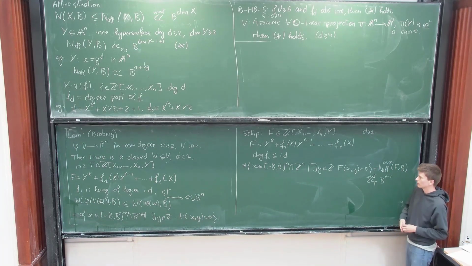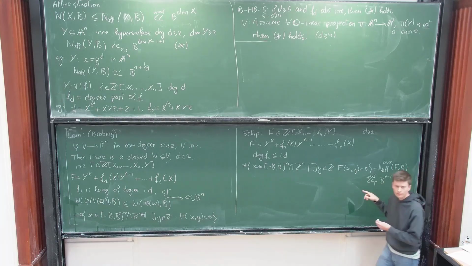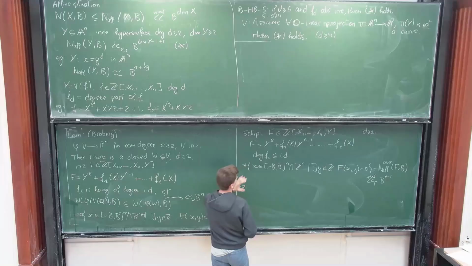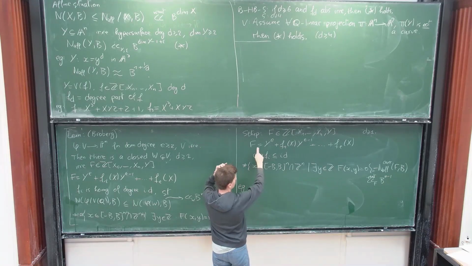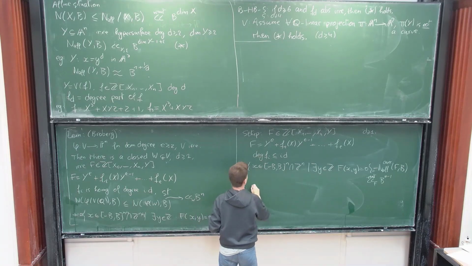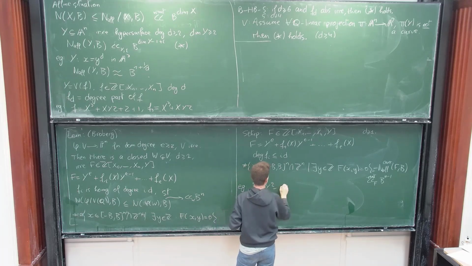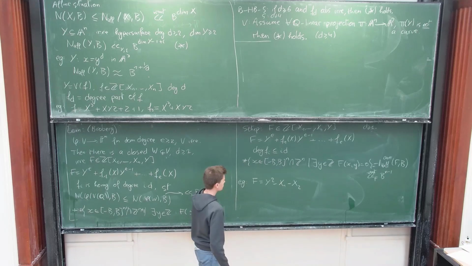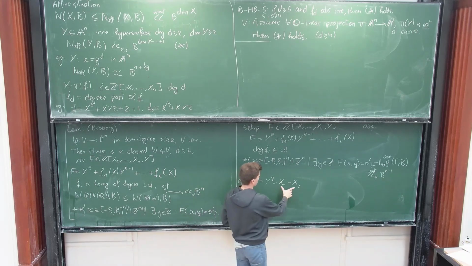Now again, the problem is that this statement is false, because it's some affine situation. You will need some extra assumption. An example is take y squared minus x1 minus x2. And what is this counting?